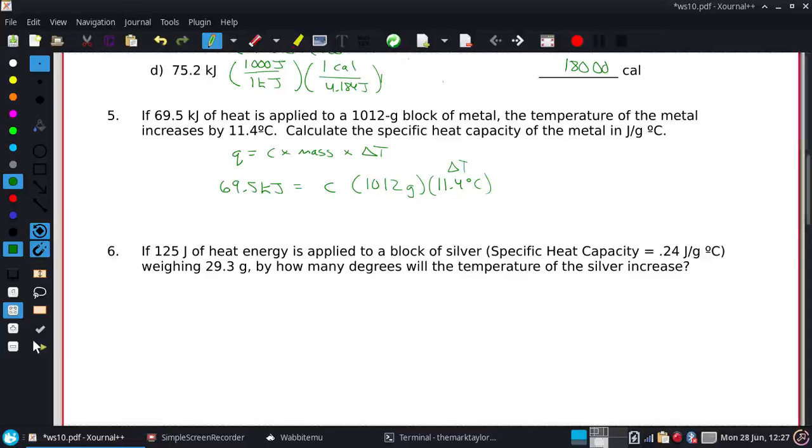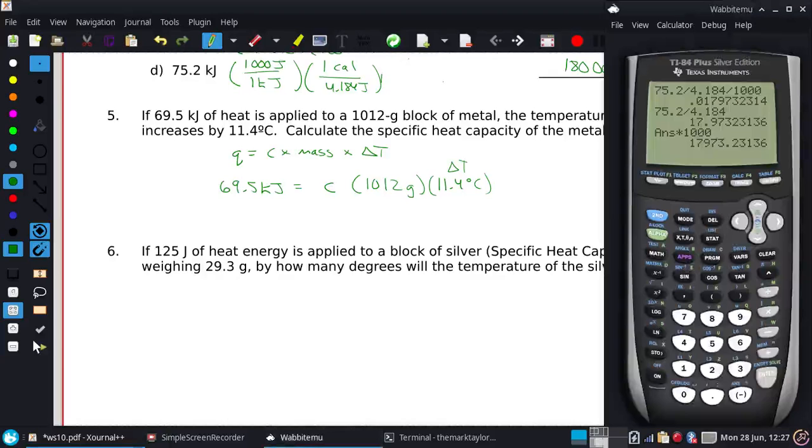All right, now technically we're solving for C, but if you notice it wants our specific heat in terms of joules per gram degrees Celsius. So when I actually put this in the calculator, I'm going to take that 69.5 and immediately convert that to joules by multiplying it by 1,000. And then I'll divide by the grams.